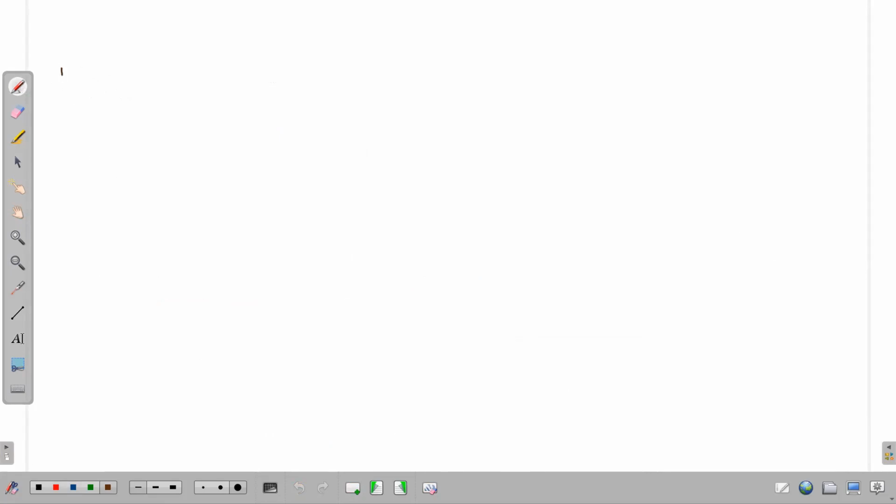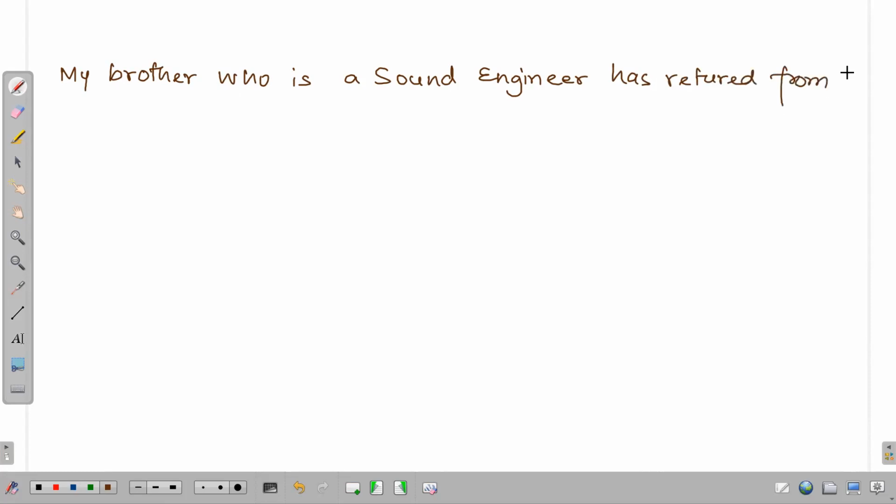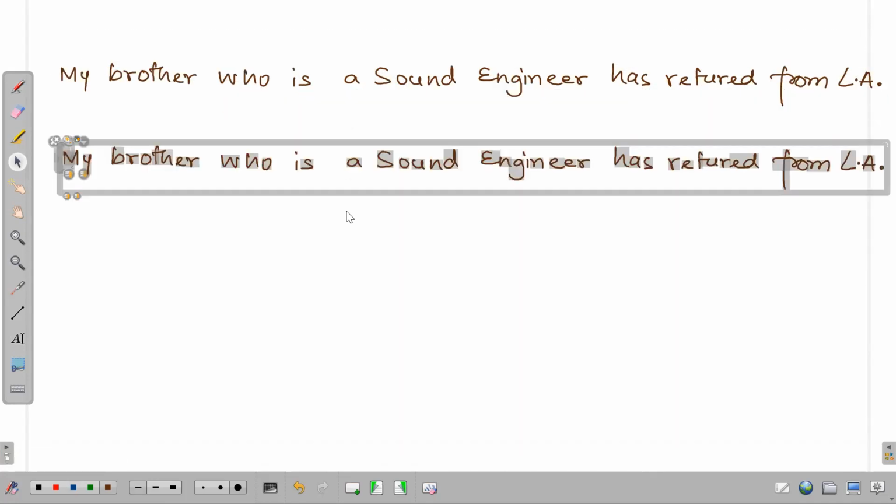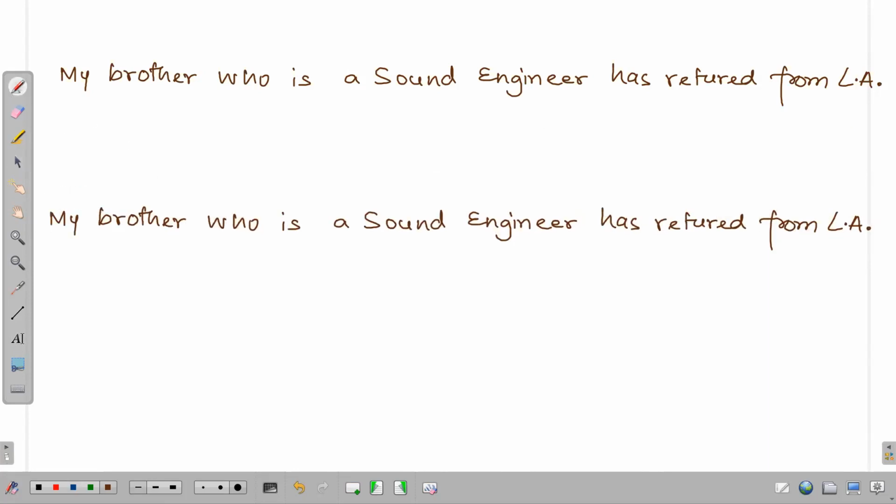For example, if I say, my brother who is a sound engineer has returned from Los Angeles, so LA, and then I am literally copying the sentence, but this time I'm going to add two commas, and ask you, is there any difference between the two sentences?